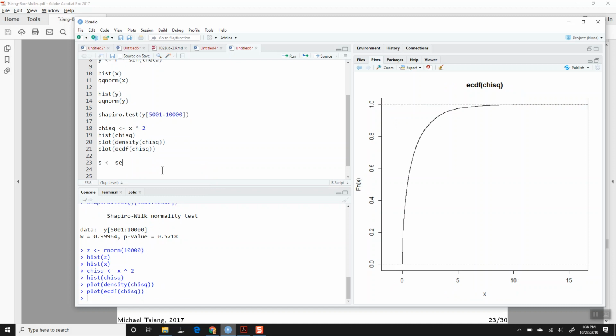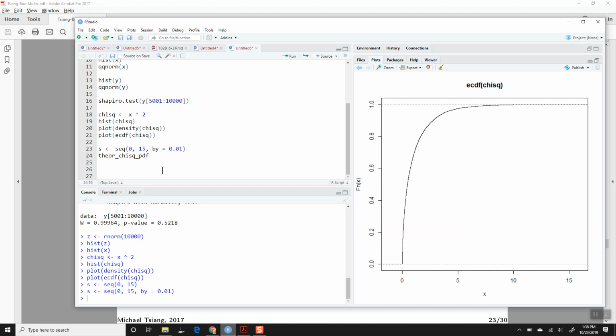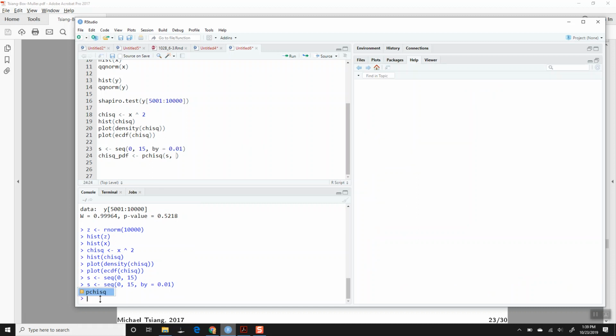We can compare this to a sequence that goes from, say, 0 to 15, and let's do y equal to 0.01. Then we can calculate the theoretic chi-square PDF. I'll just call this chi-square PDF, and this will be P norm of S. Not P norm, I'm sorry, P chi-square of S. I think by default it has 1 degree of freedom.